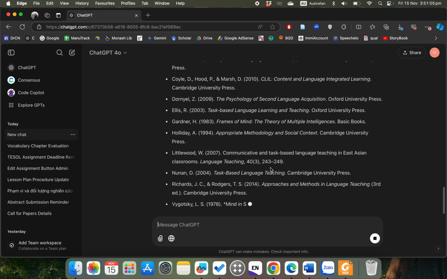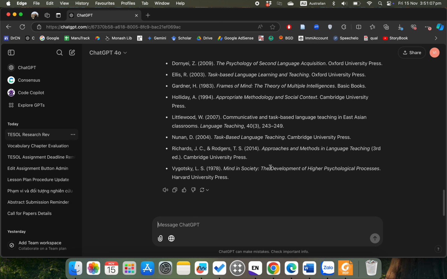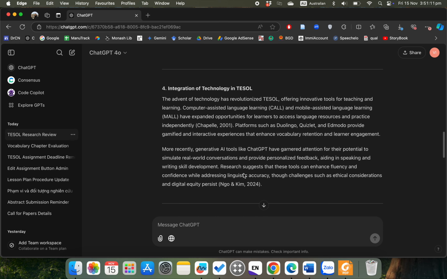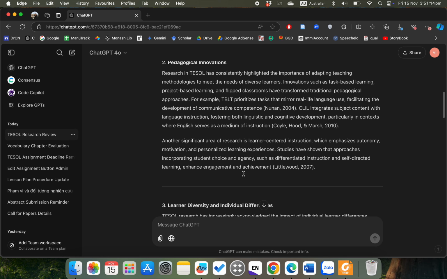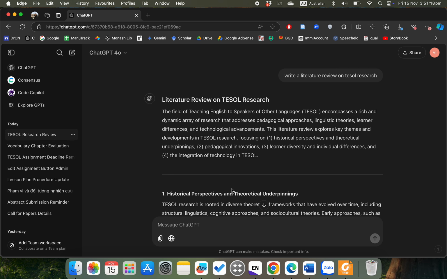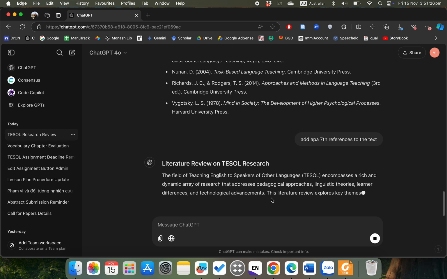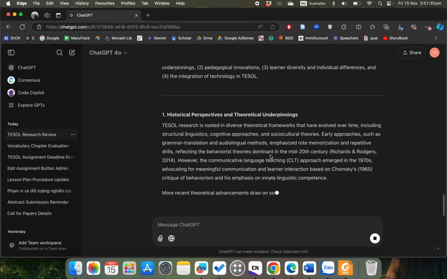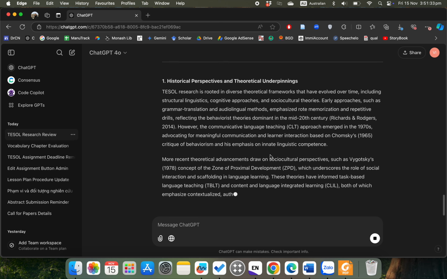The first thing when you look at the references here, in general, I didn't ask it to add APA references to this one, so there isn't much references. If I ask it to add APA 7 references to the text, we're gonna wait to see how it goes.